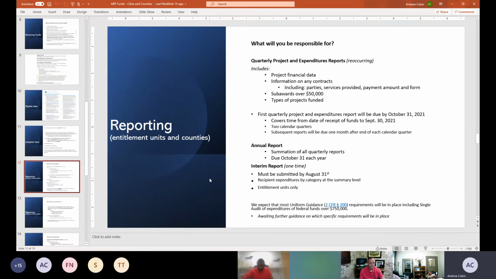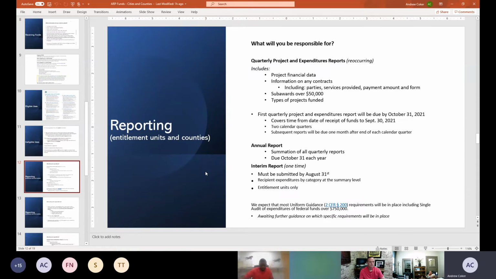They kind of lump entitlement units and counties together in a lot of these guidances, but there is some separate reporting requirements between the 2. And just for future reference as well, we expect that most of the uniform guidance requirements will be in place, and that's a pretty straightforward requirement that we're all familiar with, as well as the single audit for expenditures of federal funds over $750,000.